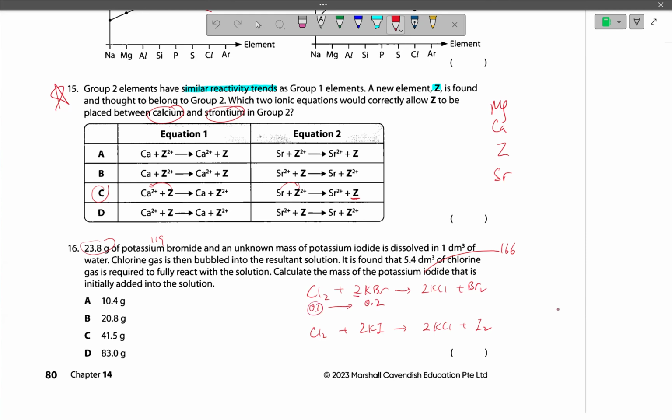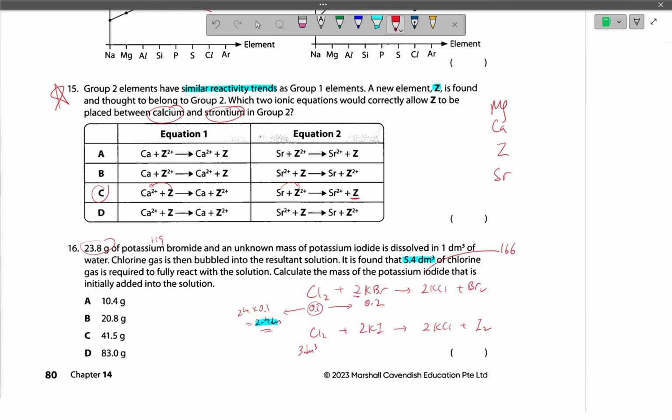Volume will be 24 times 0.1 equals 2.4 dm cube. So out of this 5.4, 2.4 is used to react with potassium bromide. So I must minus away 5.4 minus 2.4, left 3. So in other words, I got 3 dm cube here.